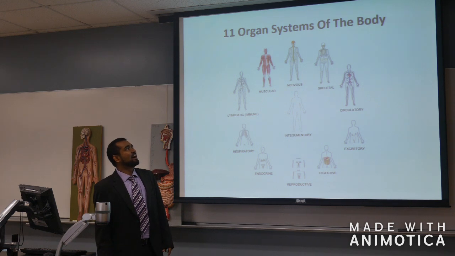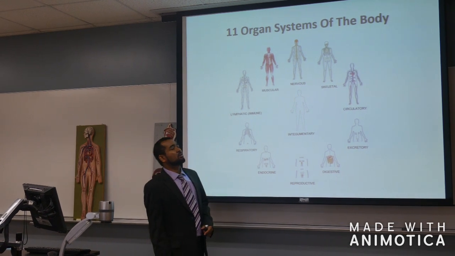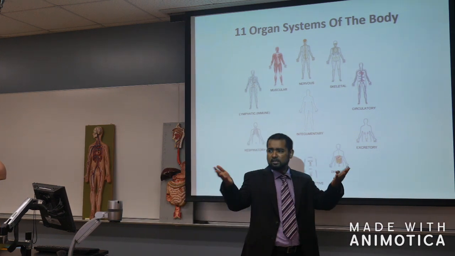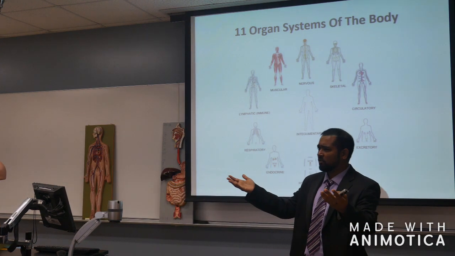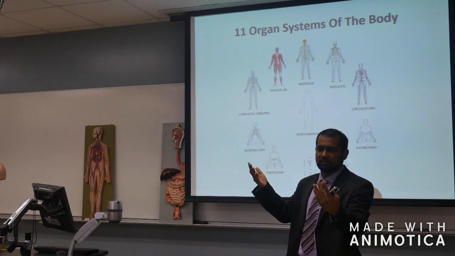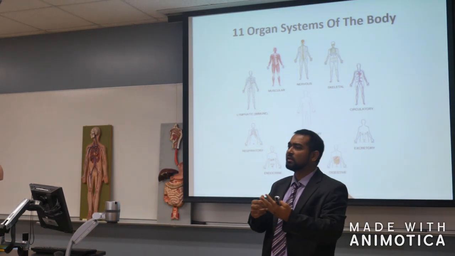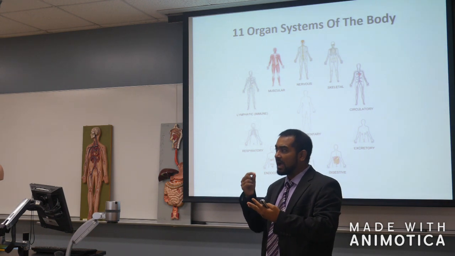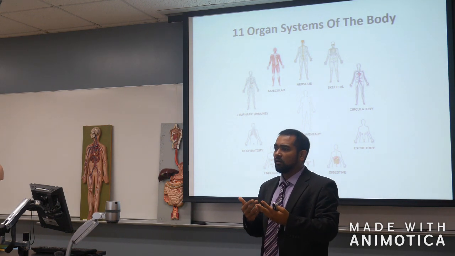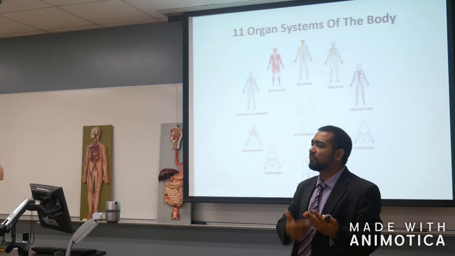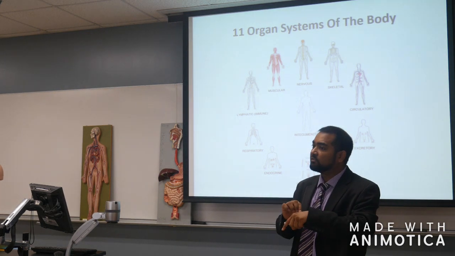And this one is the 11 organ systems. For instance, look at my hand, look at your hand, your eyes, all are not the same, all are different, right? Your eyes are different than your hand. Your eye cell and hand skin cell are all different. That means skin is different than eyes, right? When you're talking or eating, digestion is a totally different mechanism than what your skin does.